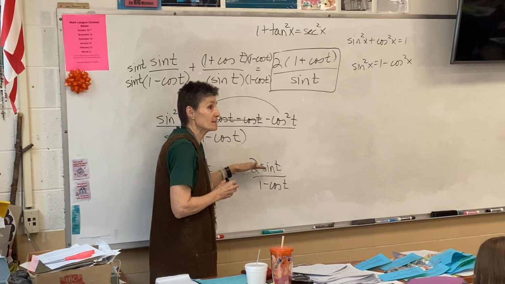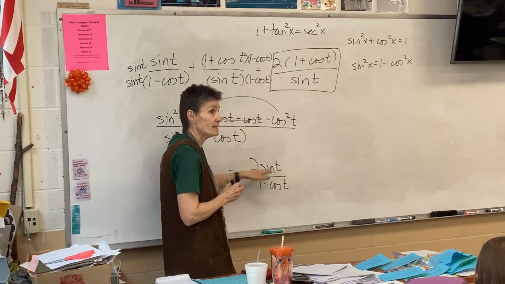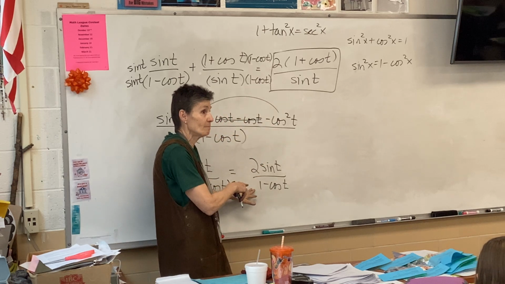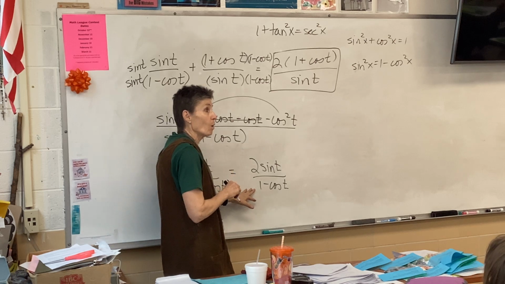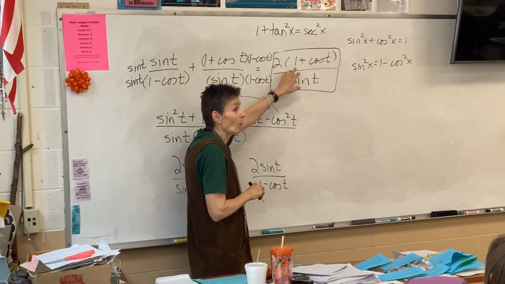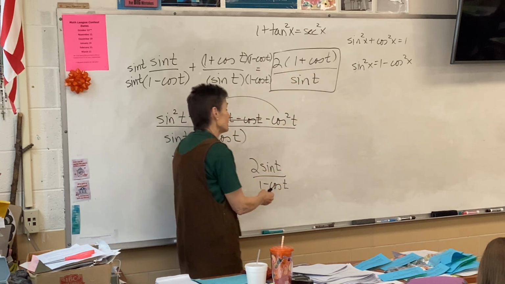It has to be the same thing in the top and the bottom, so I would suggest we either put a sine in, so that I have a sine in the bottom, which by the way is going to bring me right back to where I was here, or multiply top and bottom by 1 plus cosine. That's what I want. So let's do that this time.